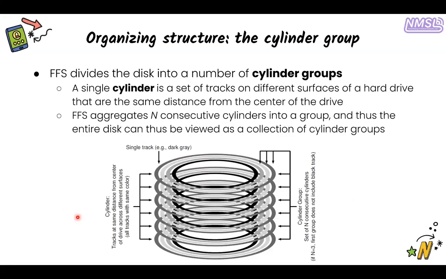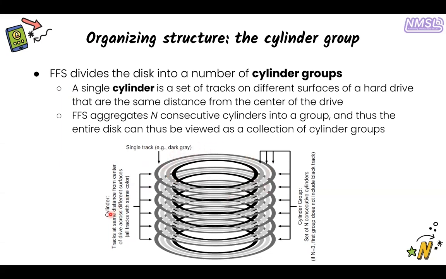Here's a picture of cylinders and all that. It's not important, but it gives you the concept that we want to put related things close to each other, and we're going to group some things. So now the disk is divided into cylinder groups. Here you can see a bunch of different platters, each with, let's say, 4 tracks.